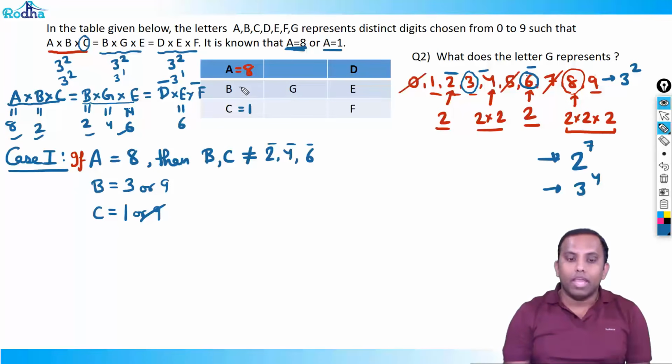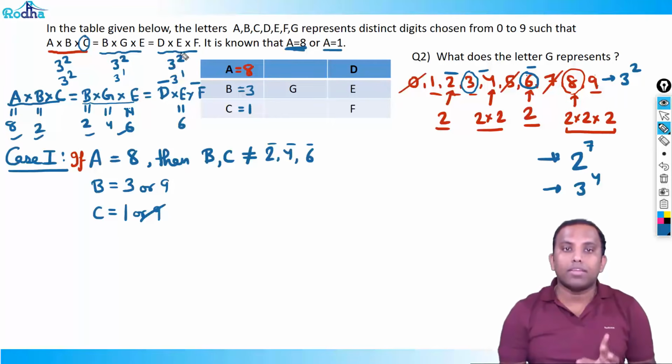Now see here. If B is 9 or B is 3, I can take two cases here. So what will happen if B is 3? If B is 3, the number of 3s has to be balanced. So for balancing 3s, in the second term also one 3 has to be there, and in the third term also one 3 has to be there, at least.